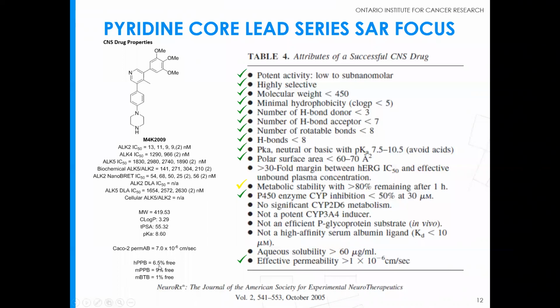We found that 2009 is about 6-7% free in human, and in mouse, in our hands, it was about 9% free, or rather, I think this is the CRL result, excuse me. And then there's a result which I think Jeff will elaborate a little bit more on, courtesy of Sue and CRL, which is the measurement of the mouse brain tissue binding, and we found that we're about 1% free.